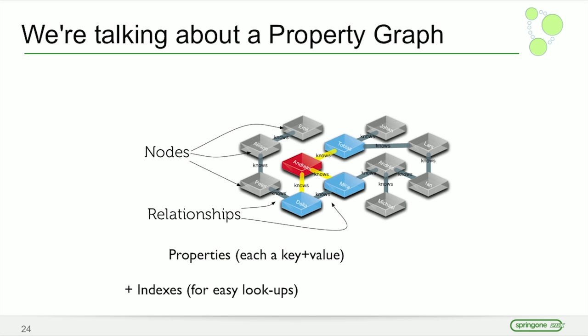And if you have found the starting point, it's just following these relationships to find the information that's interesting to you, to aggregate it and project it to some result and be done. And to find the starting points, we use indexes. In Neo4j, it's by default Lucene. You can also plug in other indexing solutions. But just to look something up by name or by ID or by something else, then we can use these indexes.